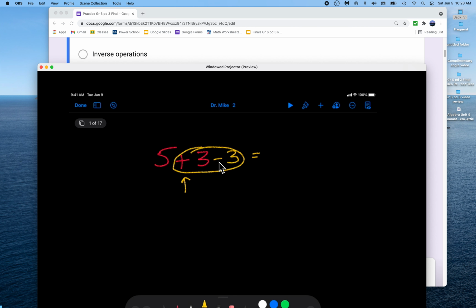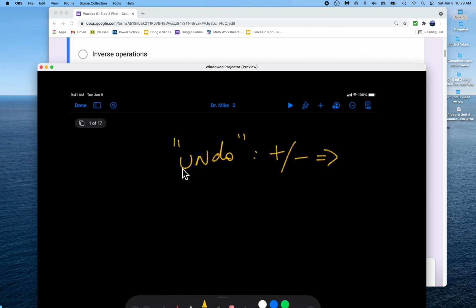This subtraction, for lack of a better word, undid or reversed this addition. That makes addition and subtraction inverse operations. They undo one another. I know that doesn't sound like a very sophisticated term. So when you're dealing with the inverse operations of addition and subtraction, the result is going to be 0.